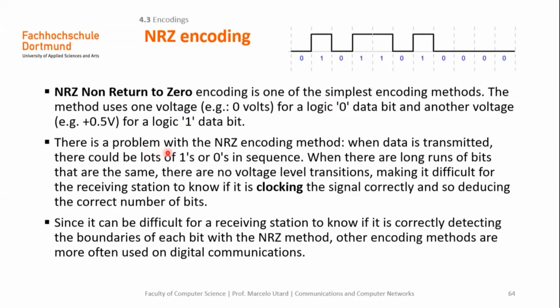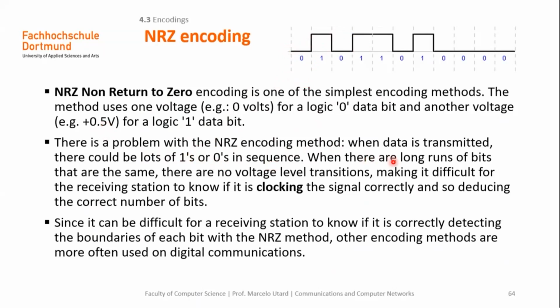There is a problem with the NRZ encoding method. When data is transmitted, there could be lots of ones or lots of zeros in sequence. For instance, a lot of zeros could be seen as a continuous signal of 0 volts, or a continuous stream of ones could be seen as a continuous signal of plus 0.5 volts.